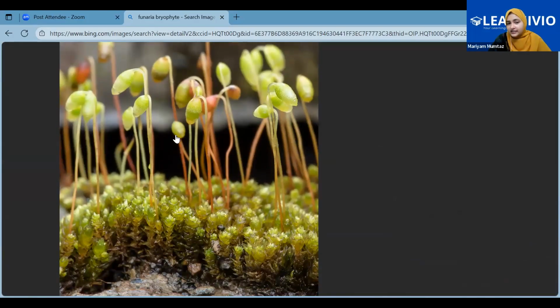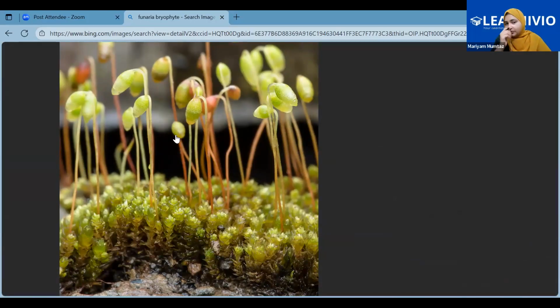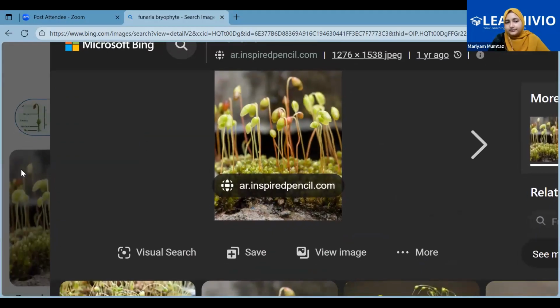You can clearly see that at the lower portion there is the gametophytic plant body. This plant body is going to do all the work as far as food making is concerned. And on the top, you see the capsule, you see the seta, and below there is the foot. Understood, students? So they are present together, isn't it?